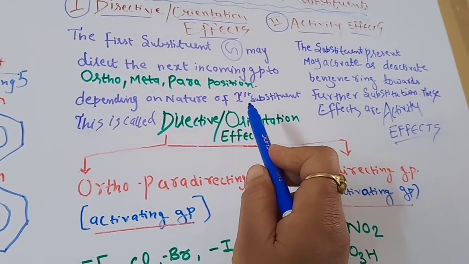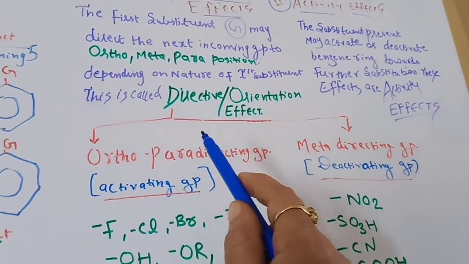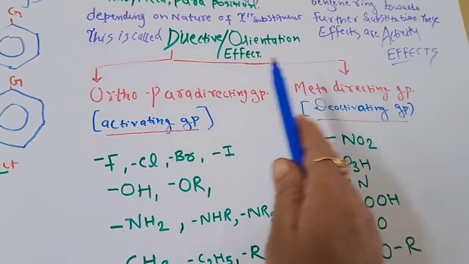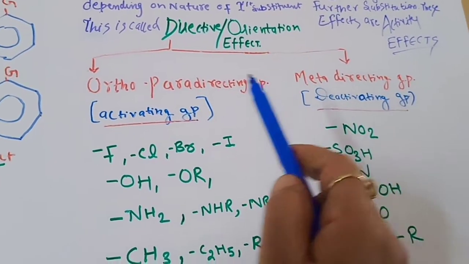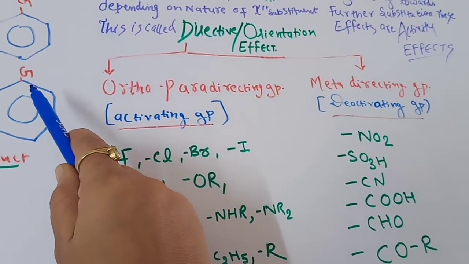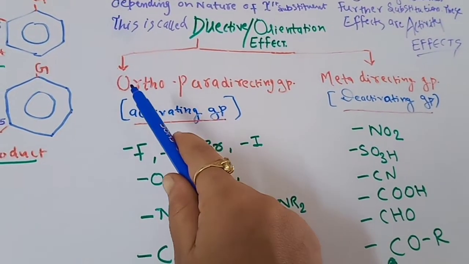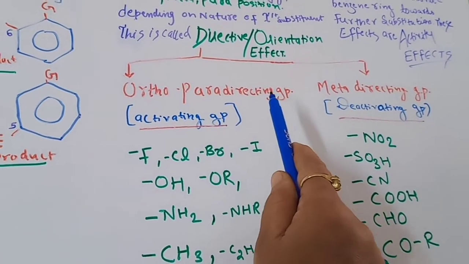Now we can say this directive or the orientation effect can be classified into 2 categories: ortho-para directing group or the meta directing group. So if the first group G directs the incoming group to the ortho and the para positions, these are known as the ortho and the para directing group.